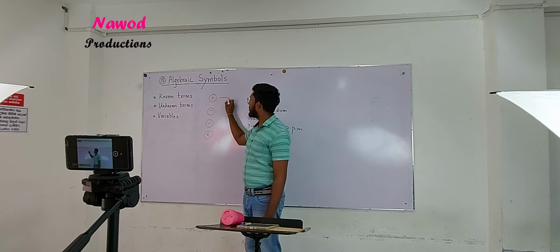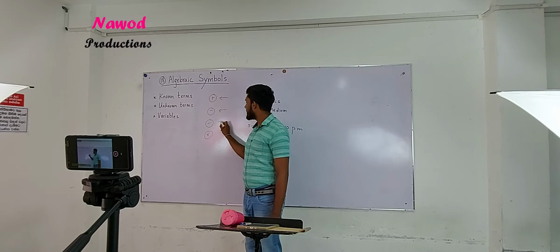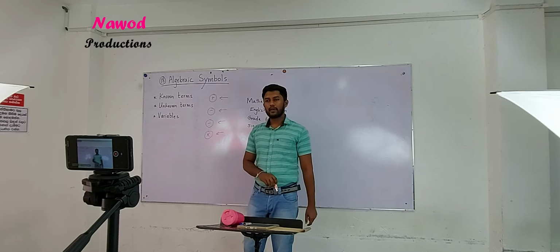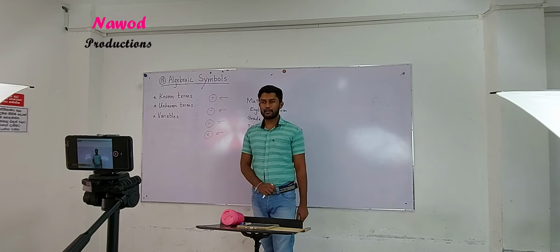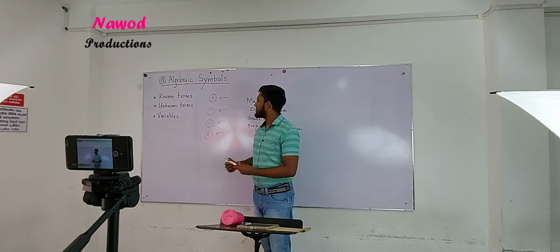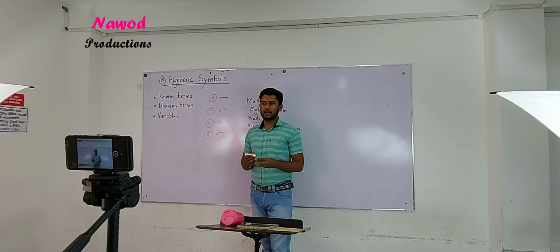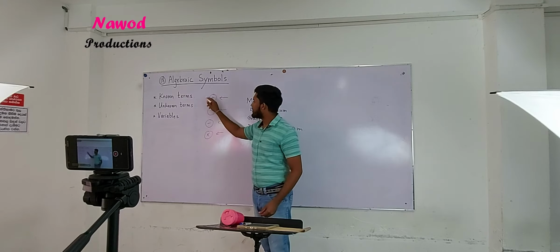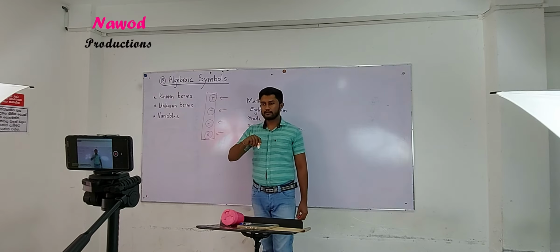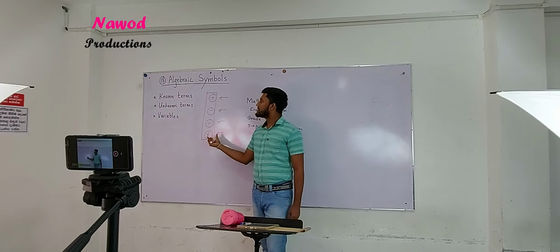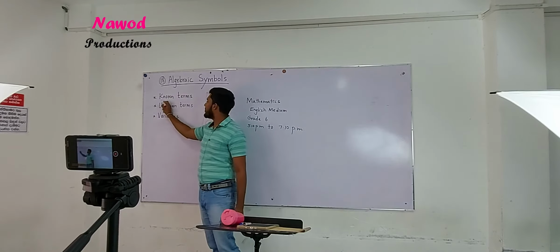Mainly these 4 operations you are learning at the very beginning of grade 6, right? We have done many calculations with addition, subtraction, division and multiplication. These are normally known symbols, right? Then we want to learn what are known terms.